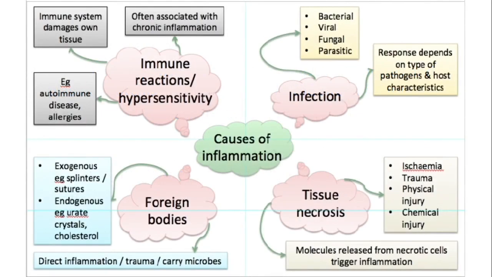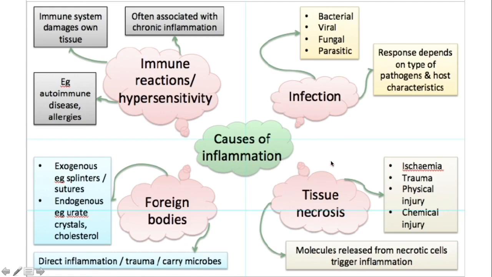Causes of inflammation are diverse. Examples include any sort of immune reactions or hypersensitivity reaction, such as autoimmune disease or allergies, or it could be due to infection, which is probably one of the commonest causes of inflammation.